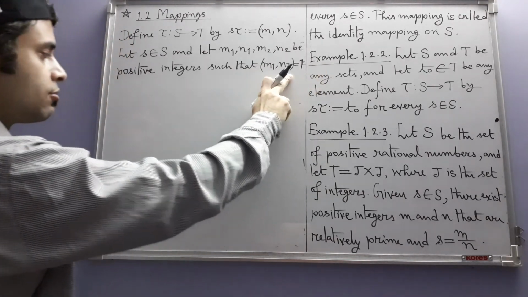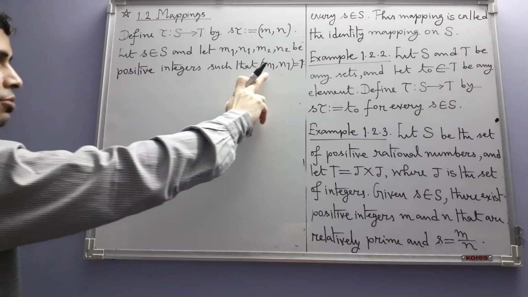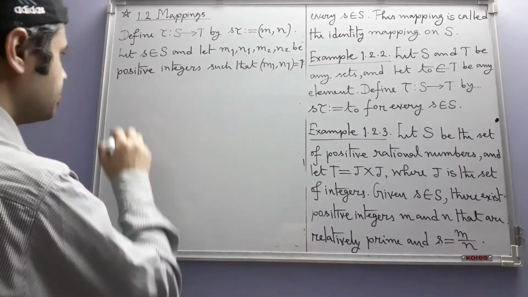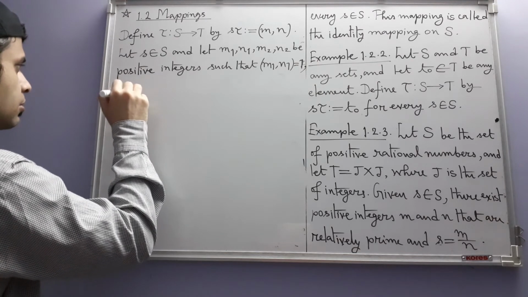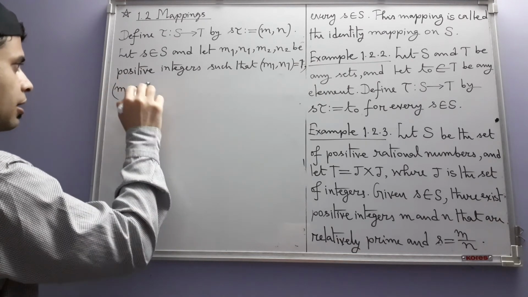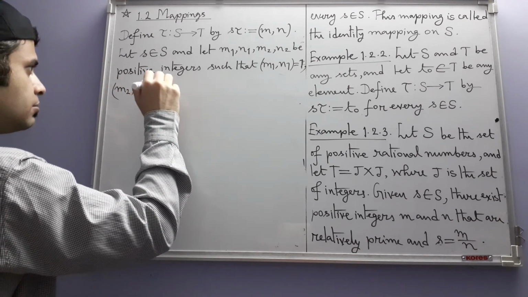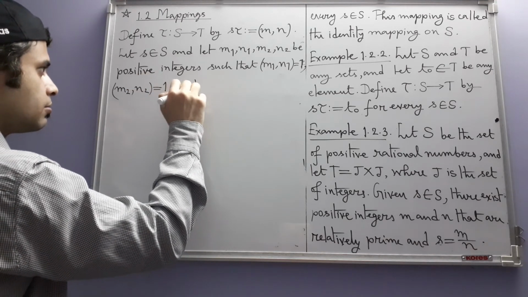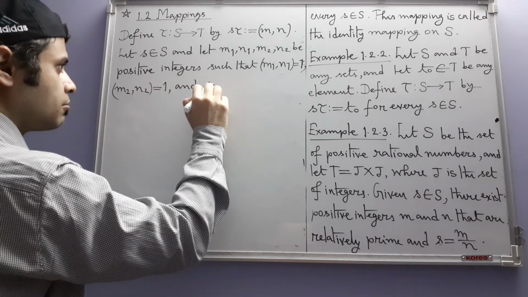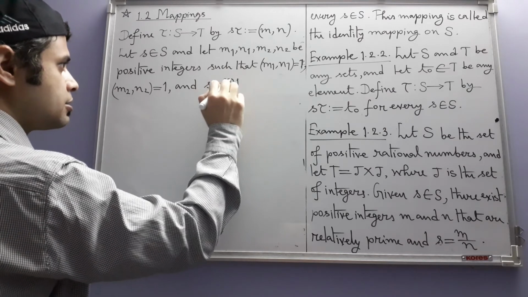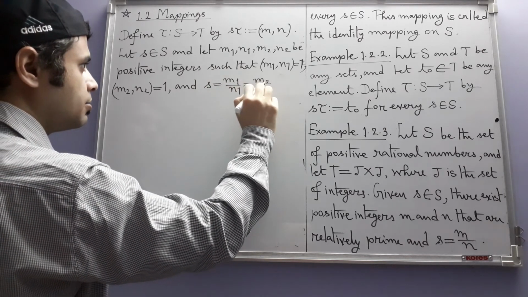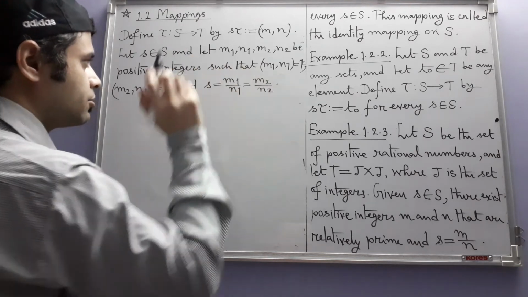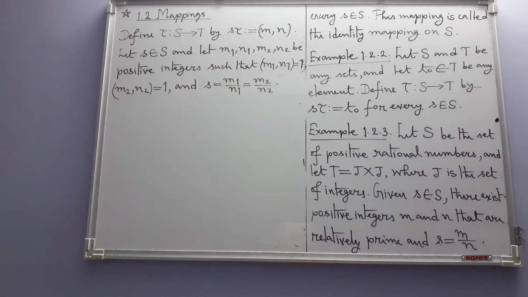Recall that this is the notation for the greatest common divisor of m1 and n1. This is one condition. m2 and n2 are also relatively prime, and s is equal to m1 by n1, which is also equal to m2 by n2.